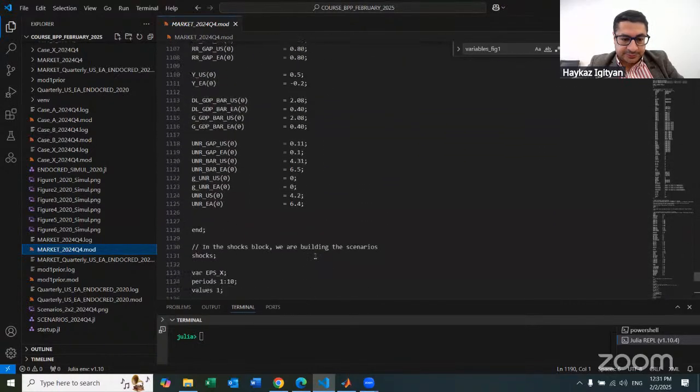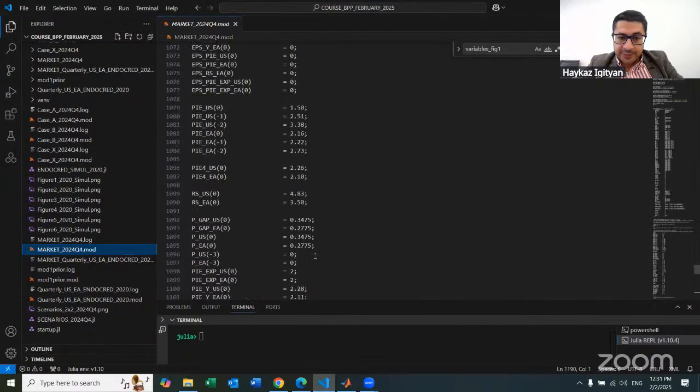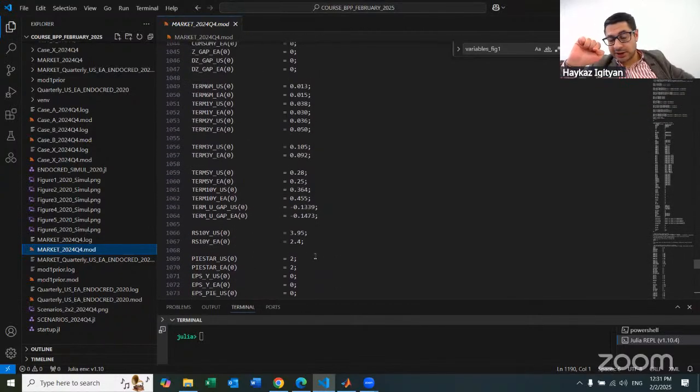And one of the critical components of the market reference scenario is, of course, the expectation of the policy rate. And for that, we use Atlanta Fed estimates of the expected path of the short-term interest rates, right?